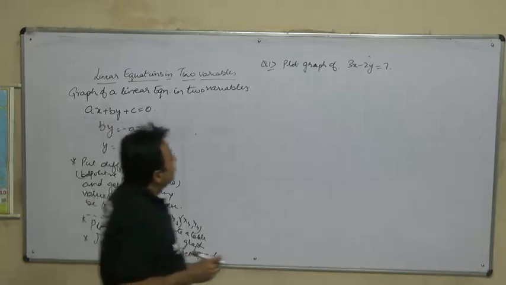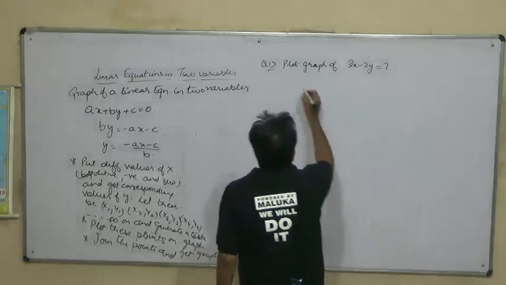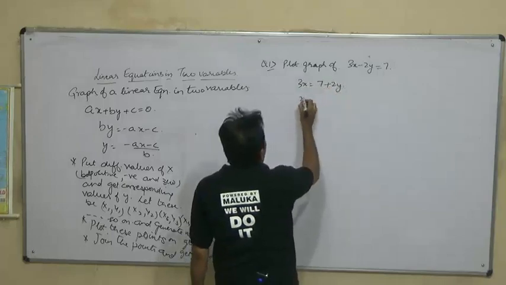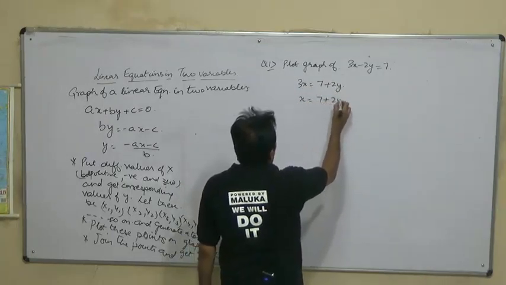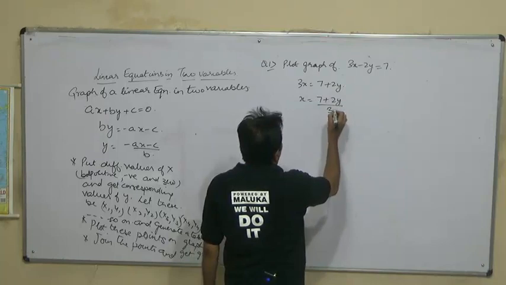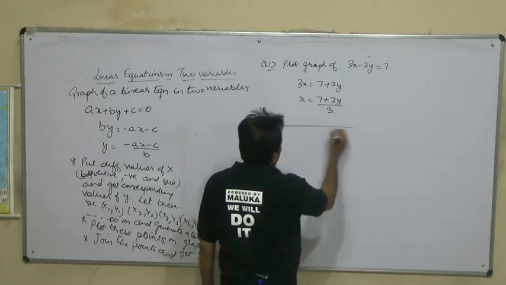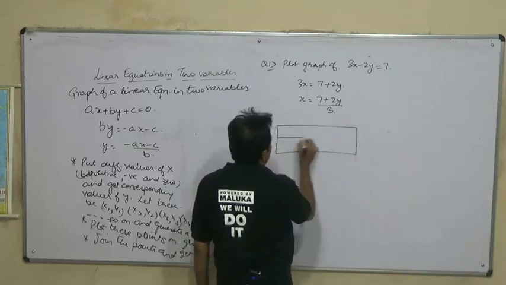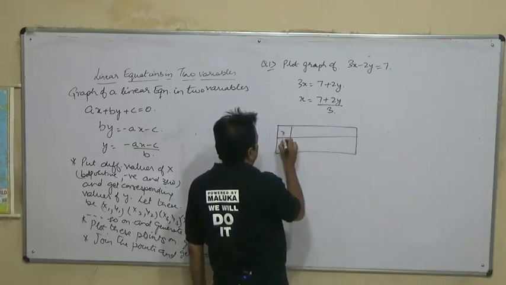Okay. So now what we will do, 3x will be equal to 7 plus 2y and x will be equal to 7 plus 2y upon 3. So we generate a table for this.